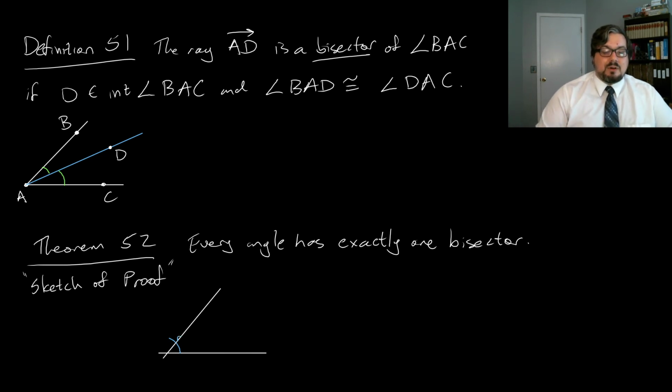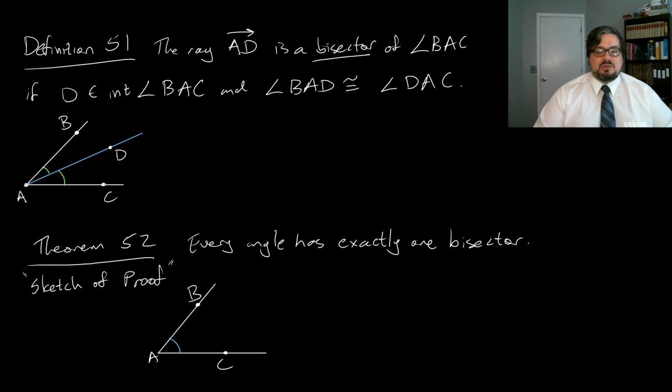A better way of going about it is to use some of the tricks, or the theorems rather, that we have so far. So the first thing to note is, let's stay consistent, let's do BAC. First thing to note is that, of course, we can choose any point on the ray AB as our point B. This point doesn't matter.